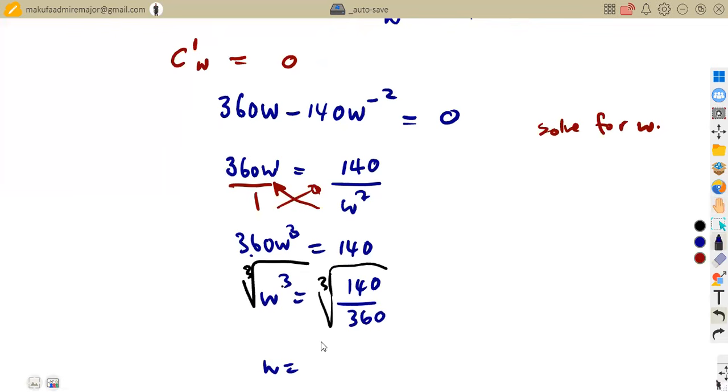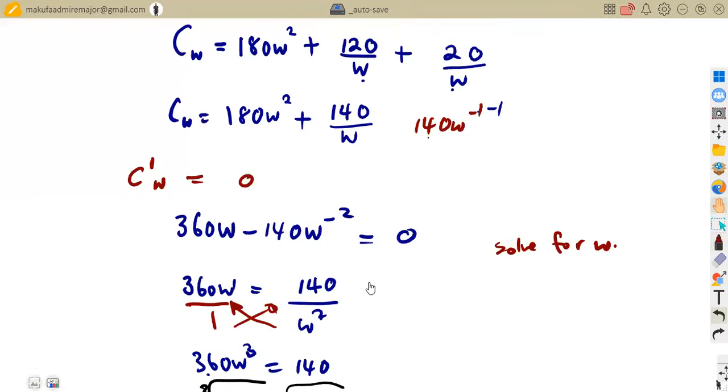So our W at this moment is going to be 0.7299. If you round off, it's going to be 0.73. This is our breadth, which can be given as the width or the breadth of 0.73.